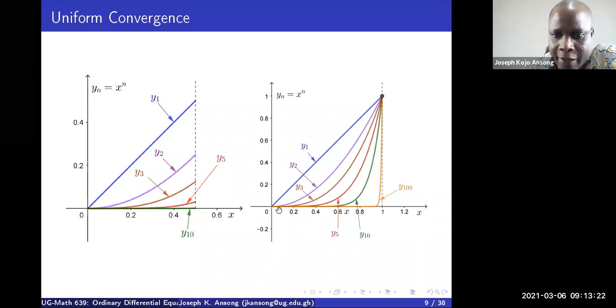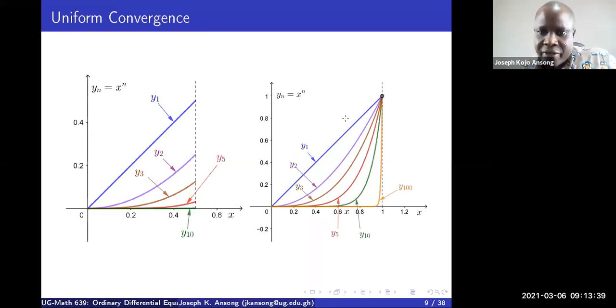Now in the other case, where the interval is from 0 to 1, you see that at 1 you get a jump. At 1 you don't have a 0, you get a 1. This dot here is what messes up the uniform convergence of this function on the interval 0 to 1.